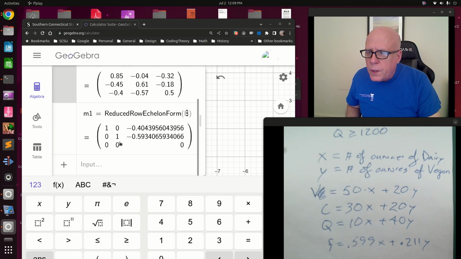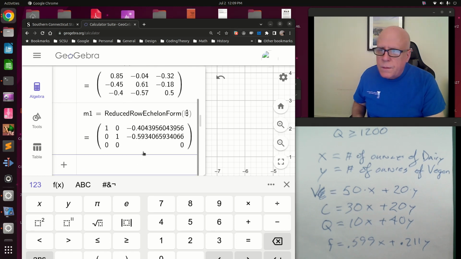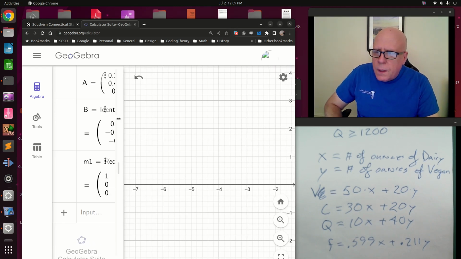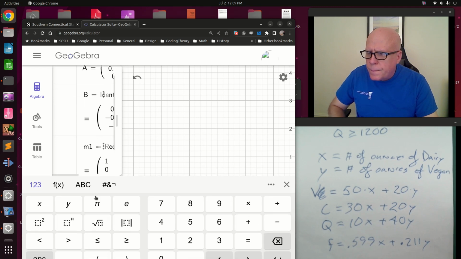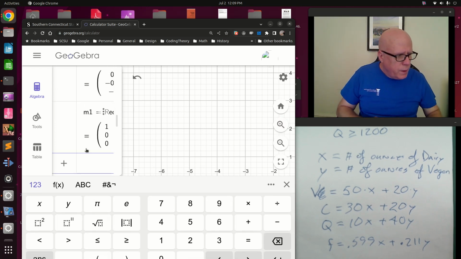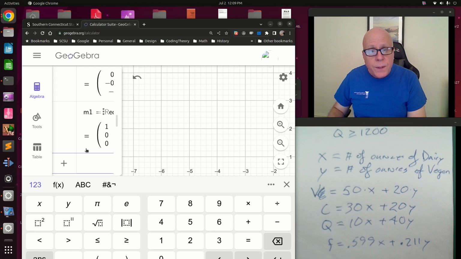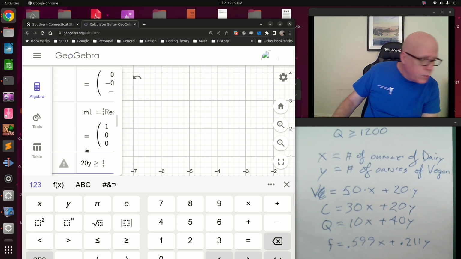I guess I kind of don't need all those matrices now, but let's leave them. Okay, so the first thing I'm going to plot is the vitamin C inequality, which says 50x plus 20y is greater than or equal to 2400.